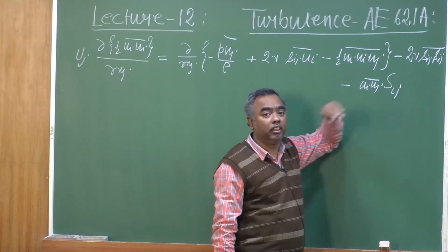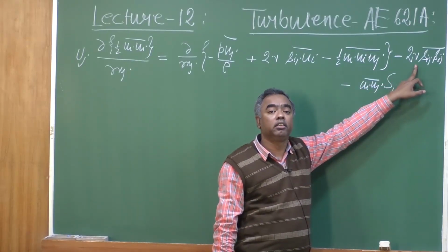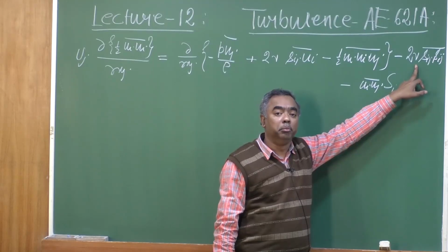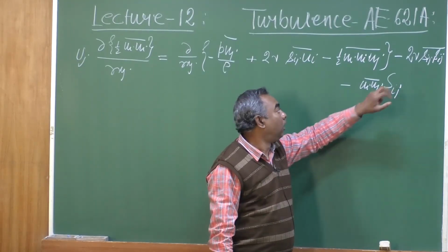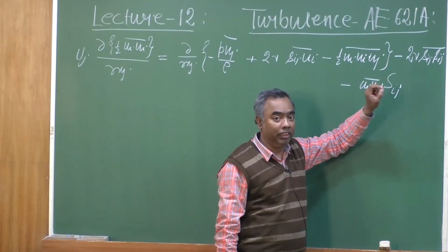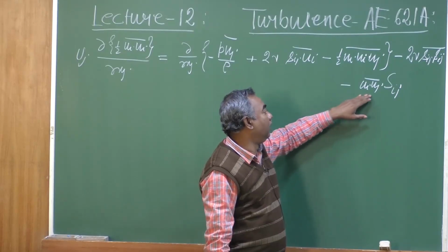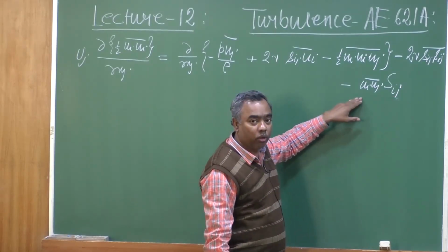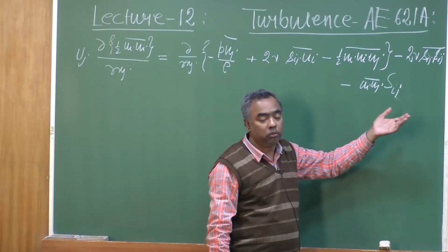We said that the dissipation occurs at very small scales, where the viscosity can work on the eddies and smear them out of the turbulent flow, whereas the production occurs at the larger scales. Okay, so that is what we have talked about.